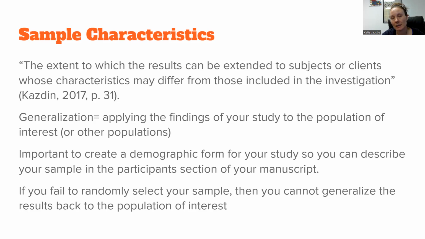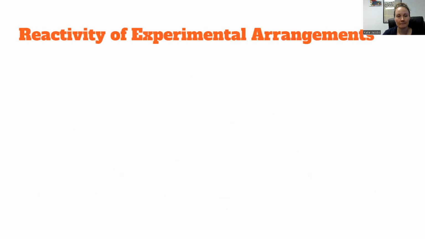Random sampling is when everybody in the population has an equal chance of being selected into your study. A lot of times you're not actually going to get that. Typically, at least even for this class, we're going to be using convenience samples where we're going to get participants because it's easy to get those participants so that we can go through these training research exercises together. But doing that limits our ability to generalize our results back to the people that we're interested in studying.